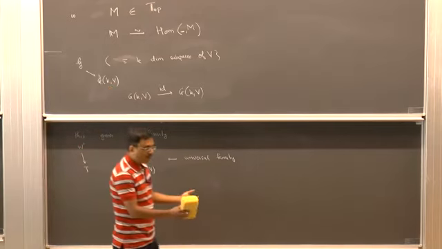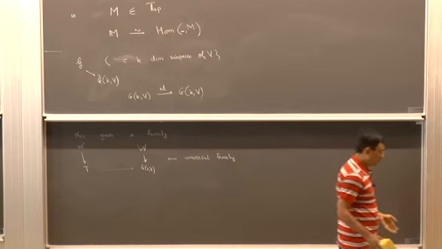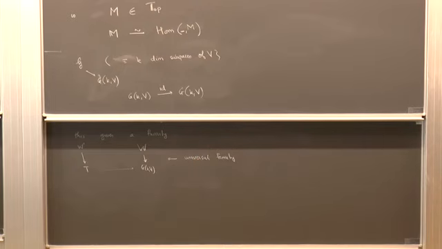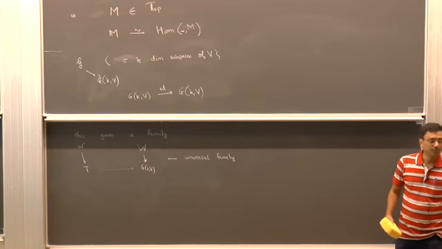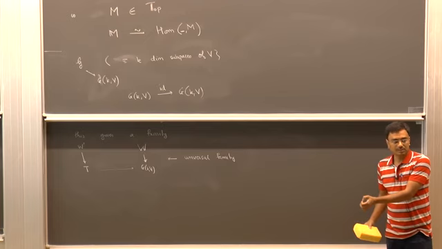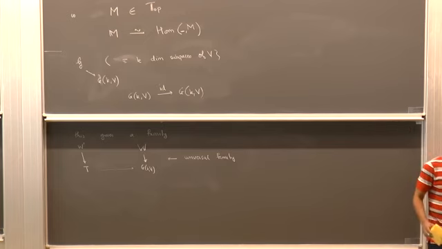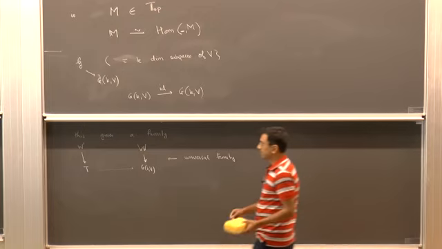So not only do we have a parameter space, a space whose points correspond to k dimensional subspaces, we also have a universal family over this parameter space, where the point which corresponds to a subspace W has that subspace as the fiber of this universal family.